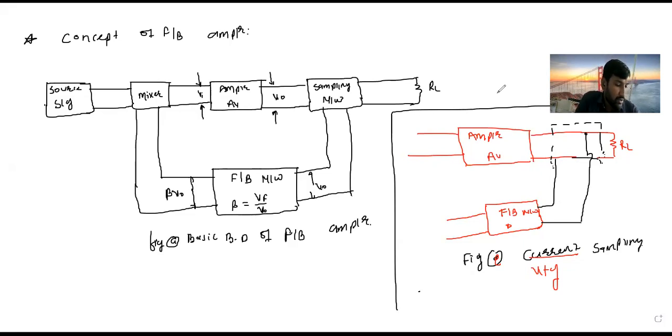Okay, so in this block diagram, the output signal is sampled by a suitable sampling network, right?